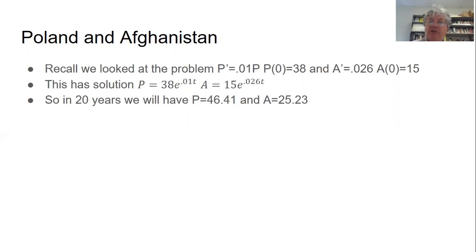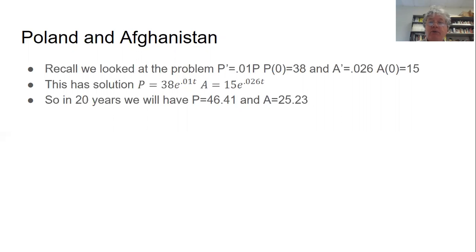And since we have formulas, we can just answer any question we might be given. So back in the day when we started this course, we used an Excel file to figure out what was the population in 20 years. So for P, for Poland, just plug in t equals 20, you get 38 times e to the 0.2, and that's around 46.41.